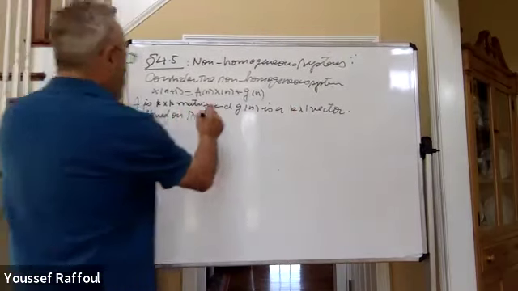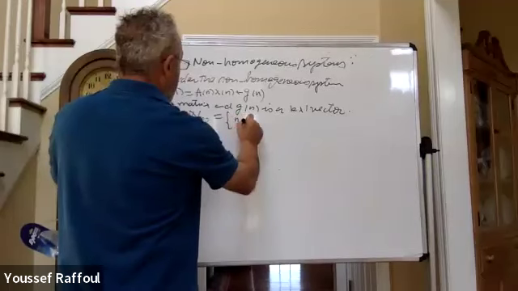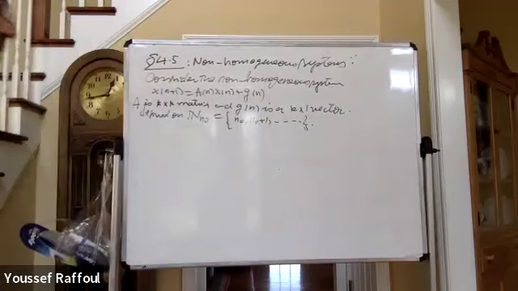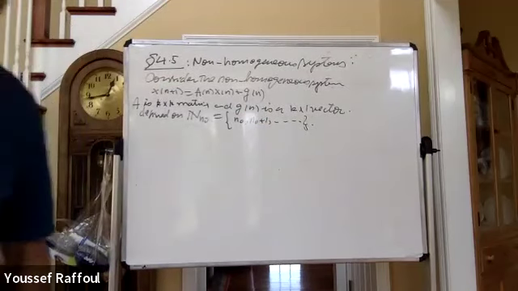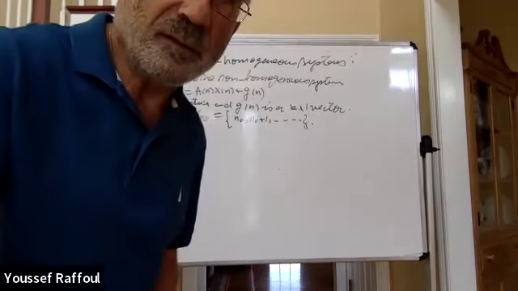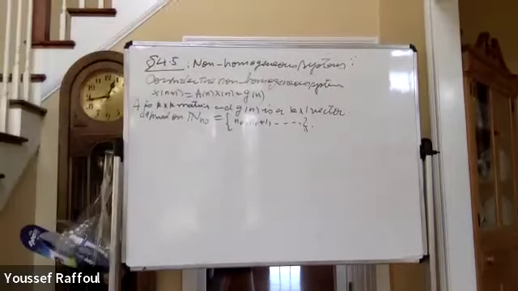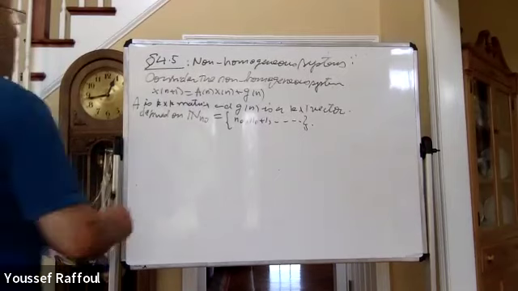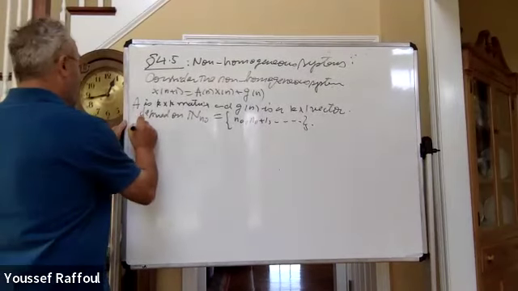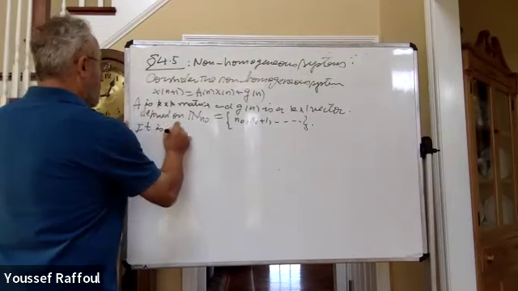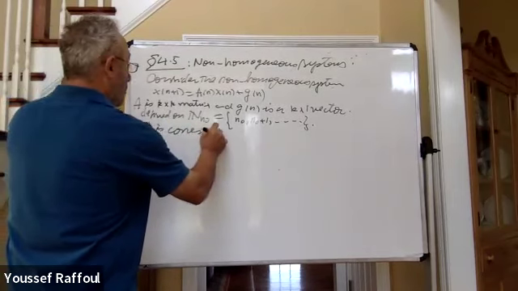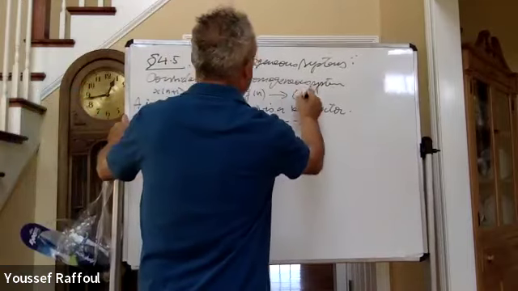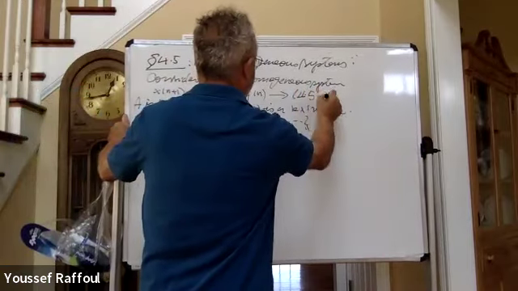And recall what this set is. This is n naught, n naught plus 1, and so forth. I'm just reminding you. Okay. We're going to call this 4.5.1.